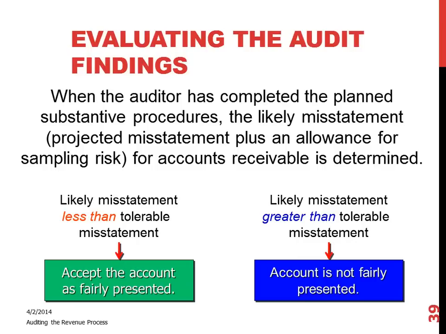Another example of a likely misstatement is if you find a difference between what the client has recorded for the allowance for doubtful accounts and what the auditor calculates the allowance to be. That's a likely misstatement because, again, allowance for doubtful accounts is an estimate.